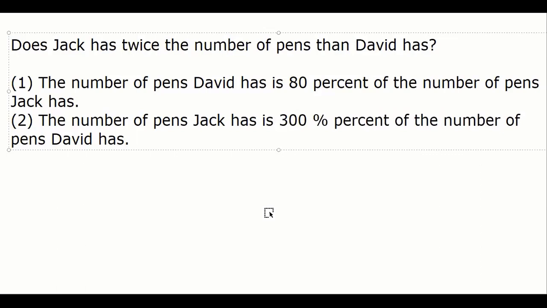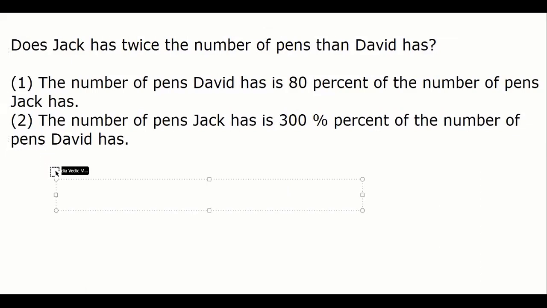Now, Shubhi, tell me one first. Guys, listen very carefully to what DS means. Shubhi, read only statement 1 and tell me whether 1 is sufficient or not, and why. Read the first statement. The number of pens David has is 80% of the number of pens Jack has.